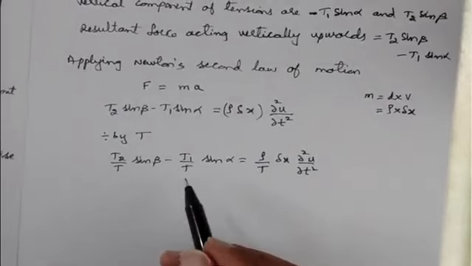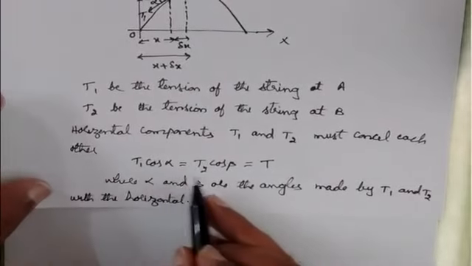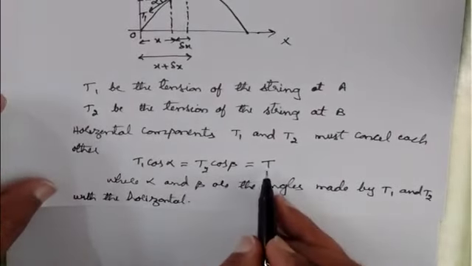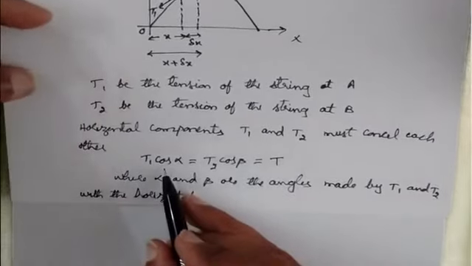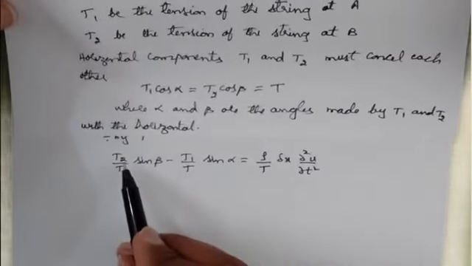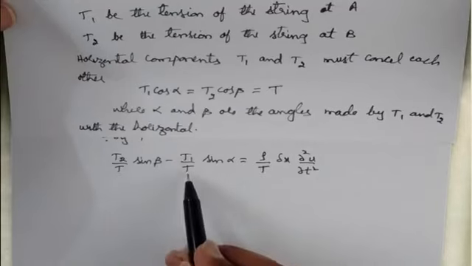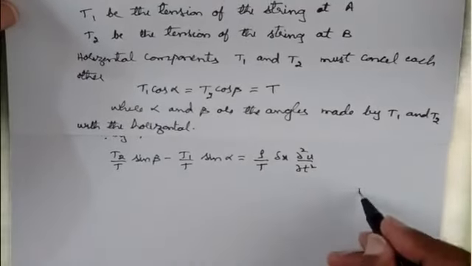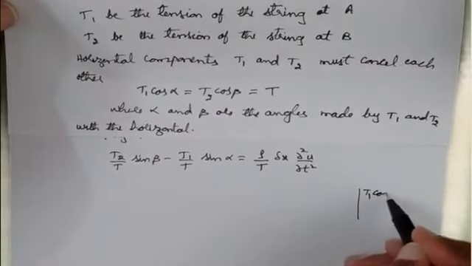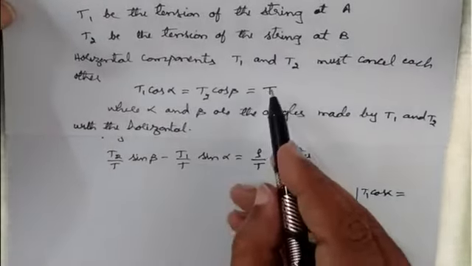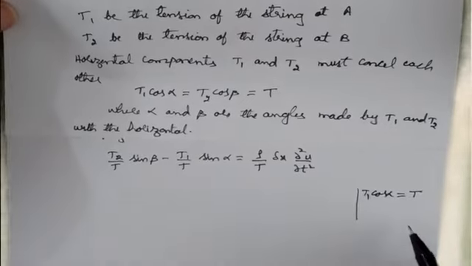Now if you try to bring about the relationship, we have this relation here: T1 cos of alpha is equal to T2 cos of beta is equal to t. From here I need to get T2 by t and T1 by t. Let us take the first equation: T1 cos of alpha is equal to t.